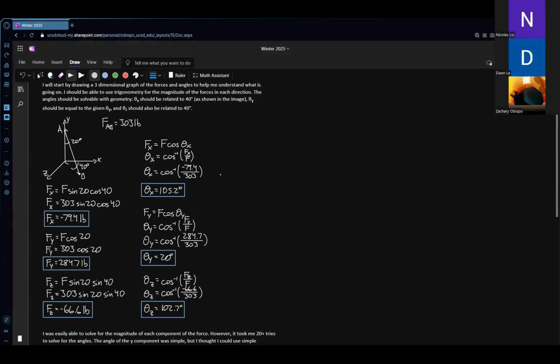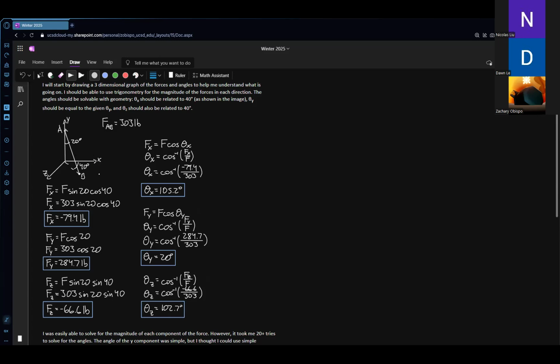The next part of this problem is to find the angle from each axis to the force itself. It's not the angle between the axis and the component of the force. That's the mistake I made before, and it took me like 20 attempts before I realized it was completely wrong.